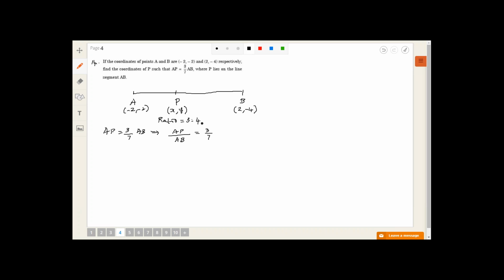But AB is nothing but AP plus PB. So AP by AP plus PB is equal to 3 by 7, which implies that AP is to PB is 3 is to 4.